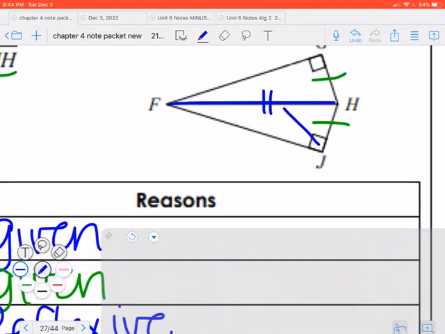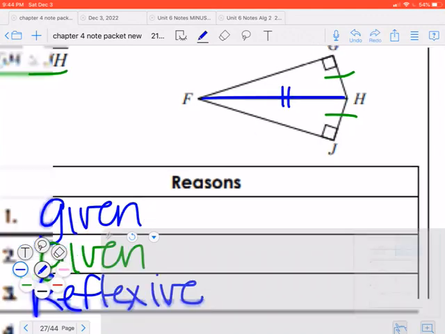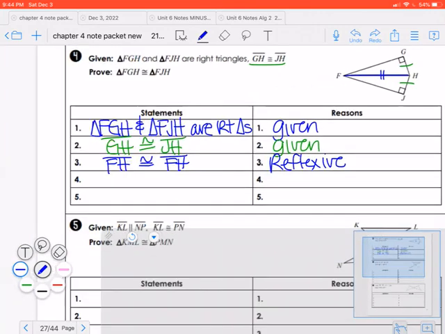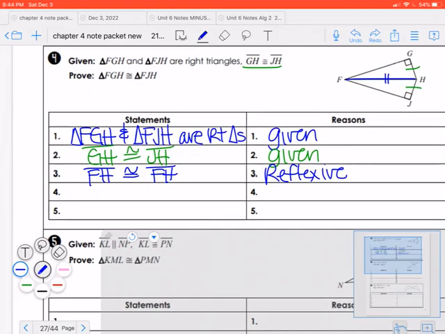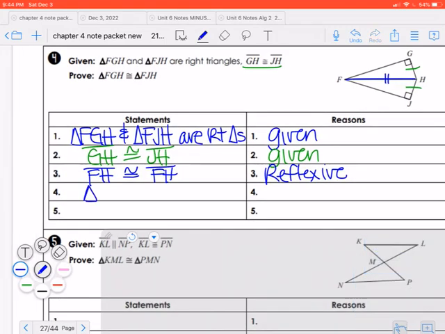And that's it. We've got HL. We've got the hypotenuse is opposite the right angle, and we have another leg in the triangle. So this one didn't take all 5 of the steps here, and that's okay, because we have what we need.